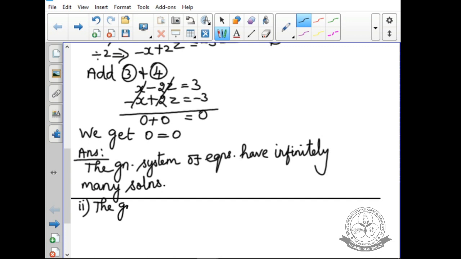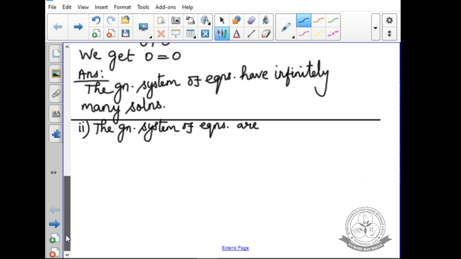The given system of equations are: first equation, it is given as 2y plus z is equal to 3 into minus x plus 1.